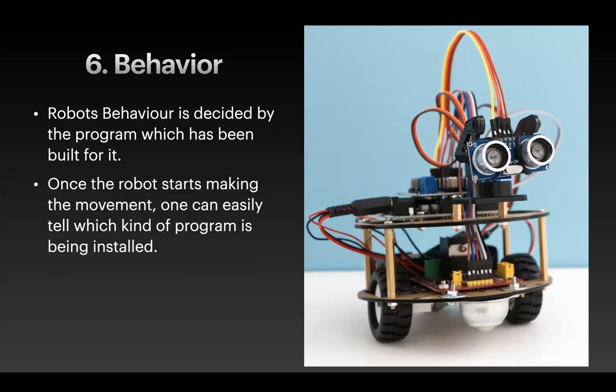Once the robot starts making movements, you can easily tell which kind of program has been installed. Whenever you see that this robot is following this line, then you can identify the behavior of this robot: this is a line following robot. Likewise, that is the sixth and last characteristic of a robot.